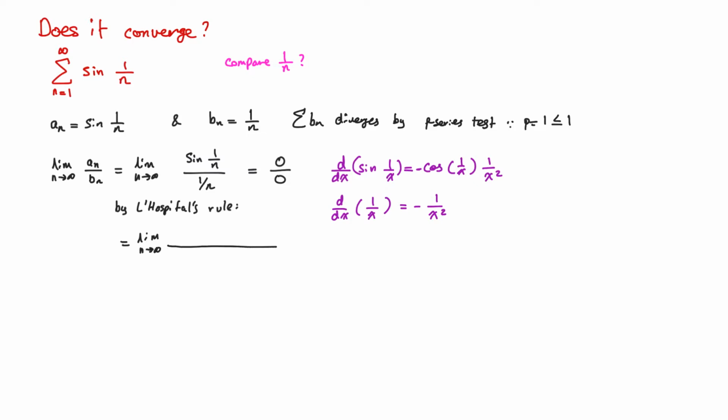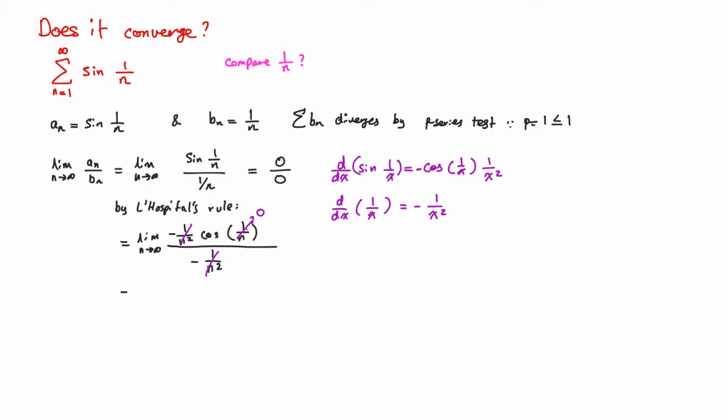Putting it all together, on my numerator, I have negative 1 over n squared times cosine of 1 over n. And on the denominator, I have negative 1 over n squared. This cancels out with this, and I'm left with cos of 1 over n. As n approaches infinity, 1 over n is approaching 0.